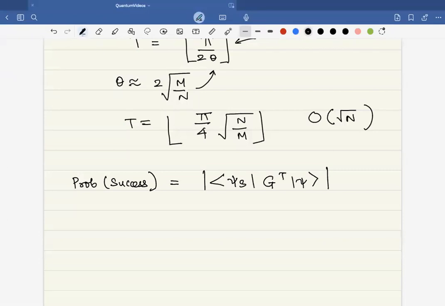Right, that will be the probability of success.